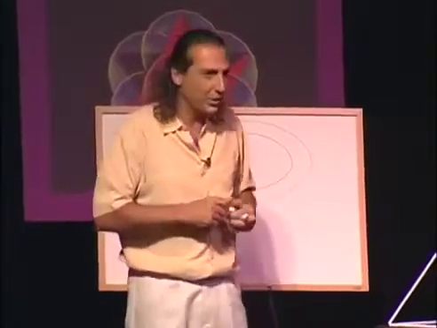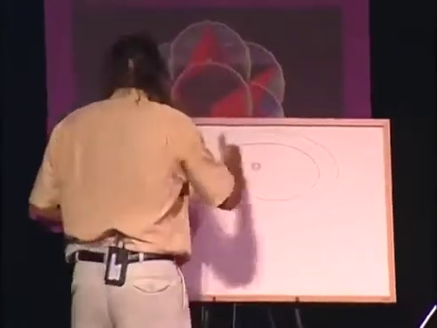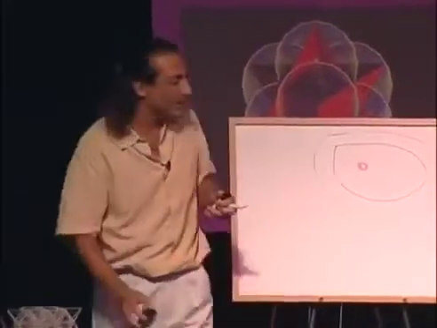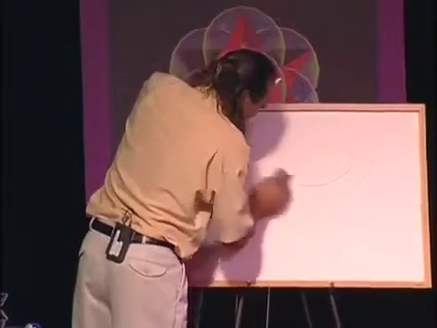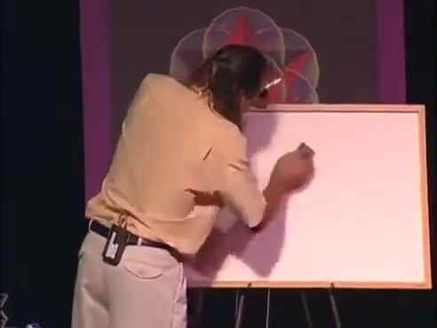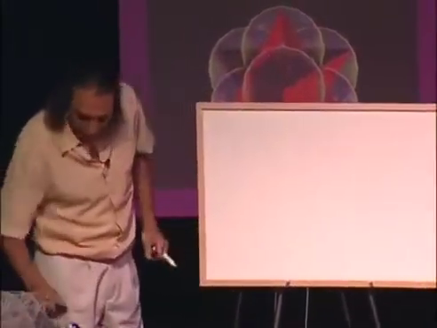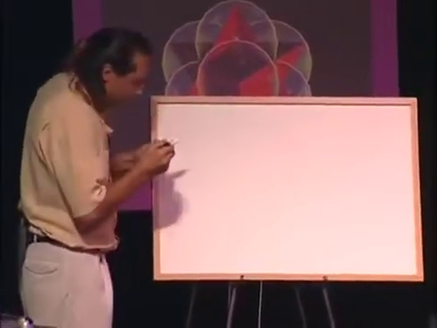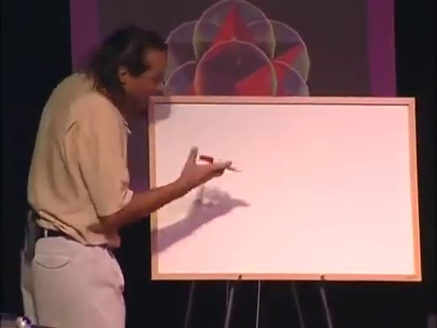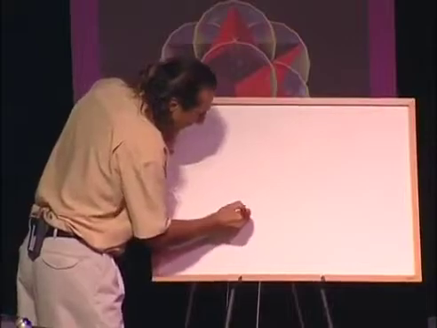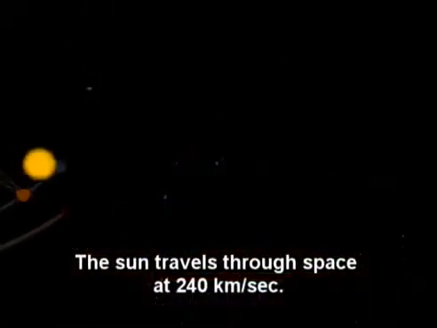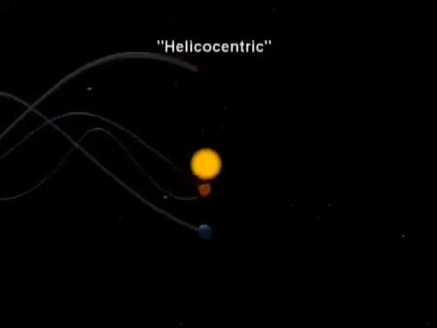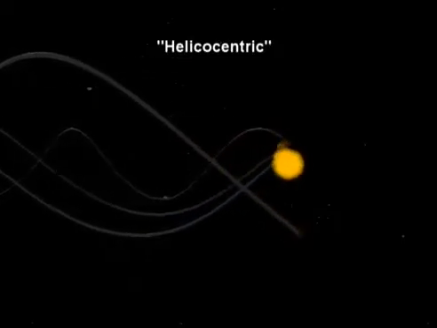Thinking of the solar system in this manner is equivalent to thinking that the Earth is flat. The solar system does not behave that way at all. In fact, it behaves in a completely different way, since the sun is moving through space and the planets are flying around the sun, generating these huge vortices as they follow the equator of the sun.